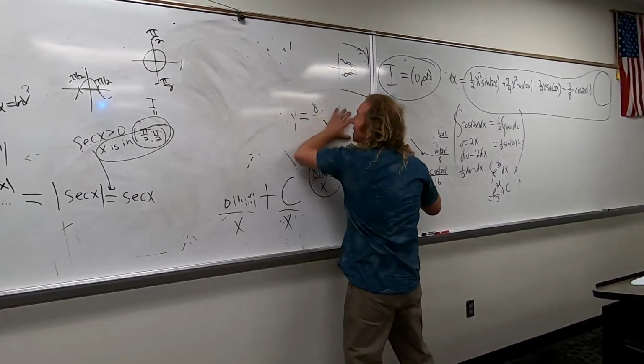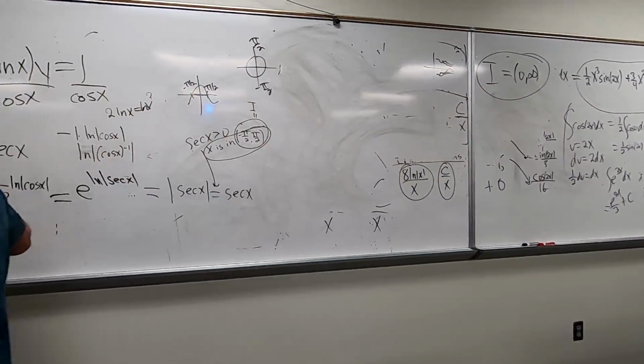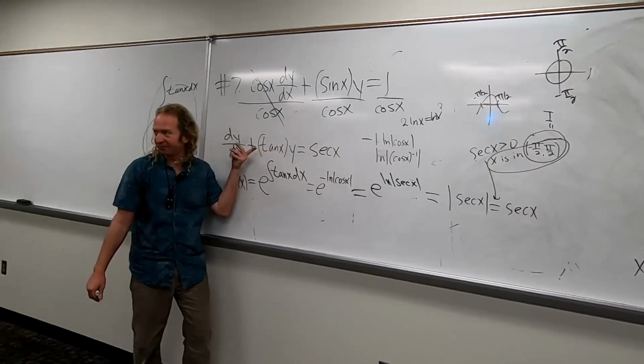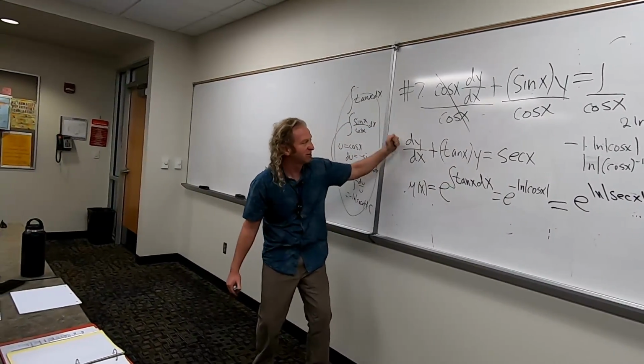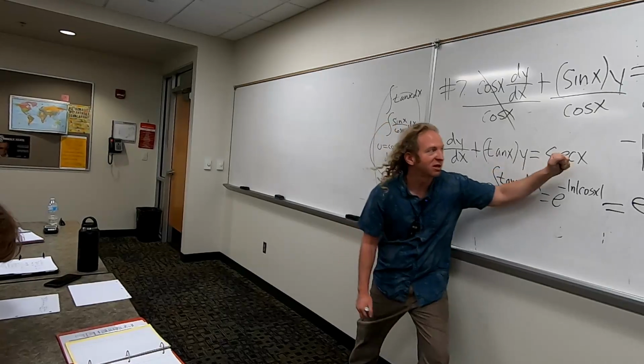All right, next step is we take the secant and we multiply our differential equation by secant. So it'll be secant times this, secant times this, secant times this. Let's do it.